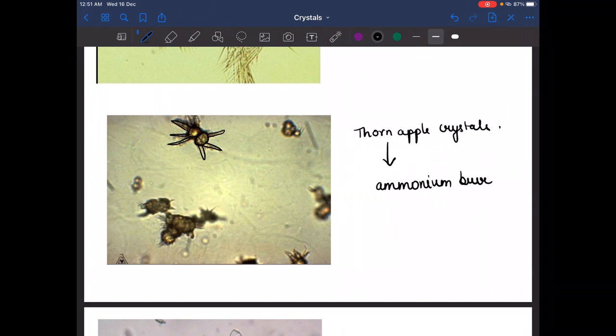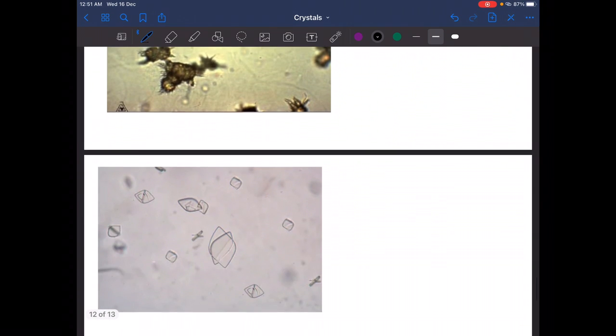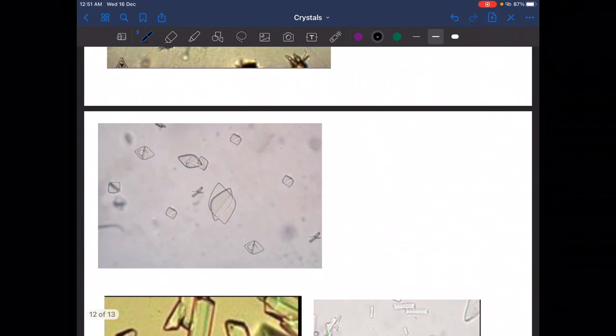How can we identify them? They have thorn like structures, like we can see on a thorn apple. Similarly here they also have thorns, so we name them thorn apple crystals, and the composition is ammonium biurate.